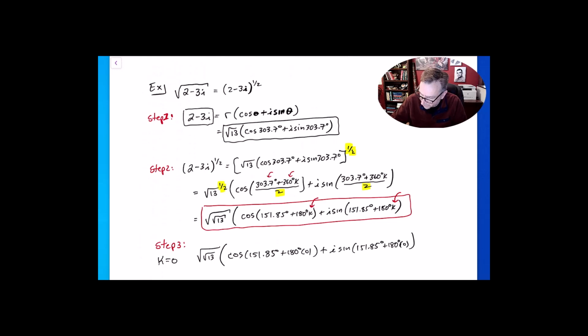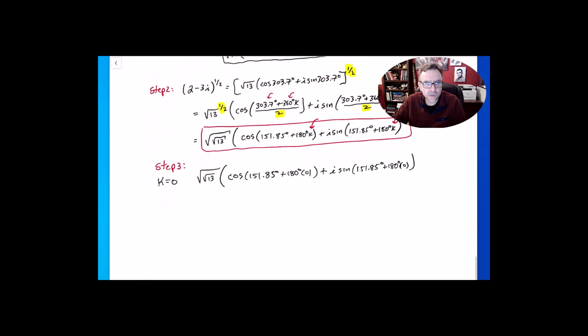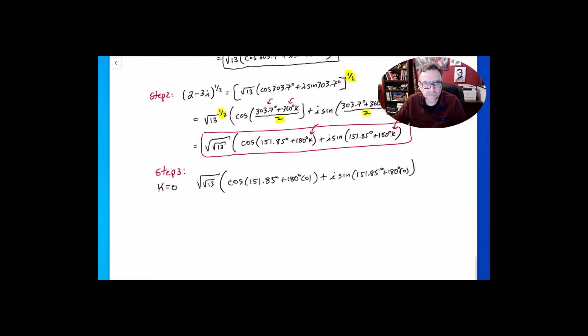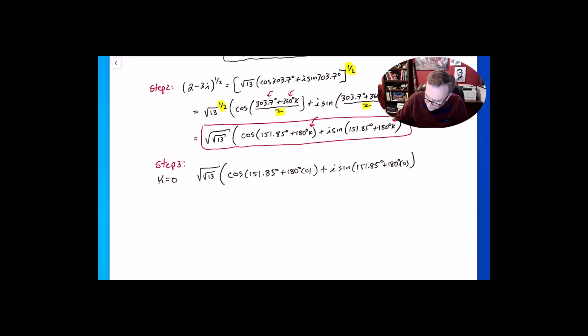So basically we're plugging in 0 for the k. Let me put this up here. All right, and so that comes out to the square root of 13.